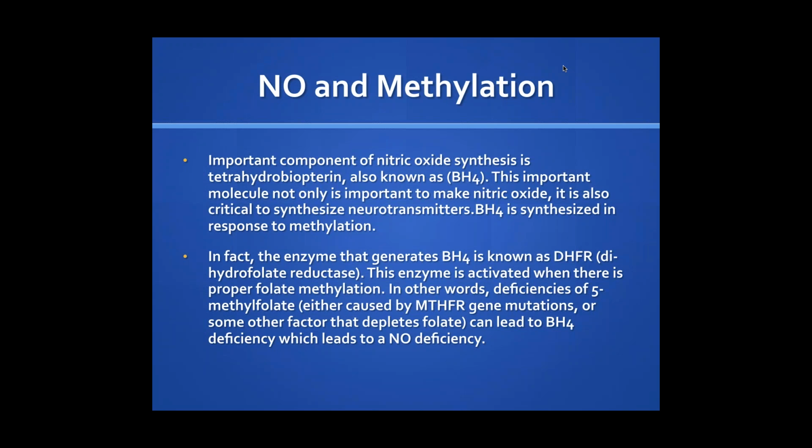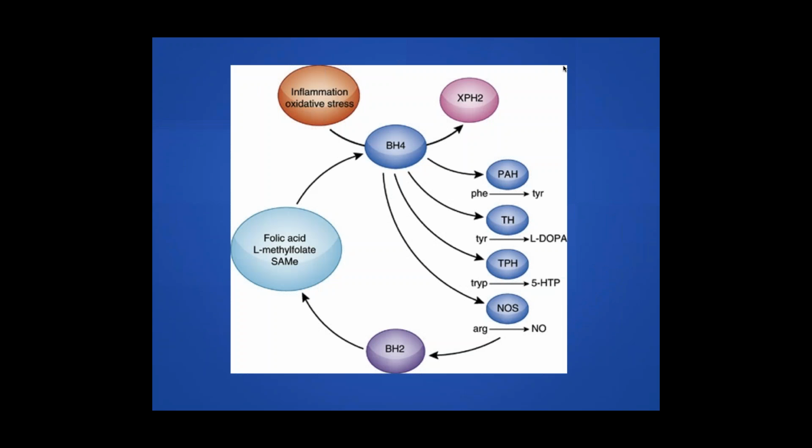This enzyme is activated when there's proper folate methylation. In other words, deficiencies of 5-methylfolate, either caused by the MTHFR gene mutation or some other factor that depletes folate, can lead to this BH4 deficiency, which leads to a nitric oxide deficiency.